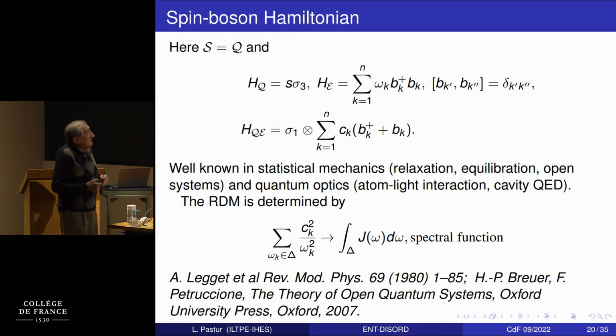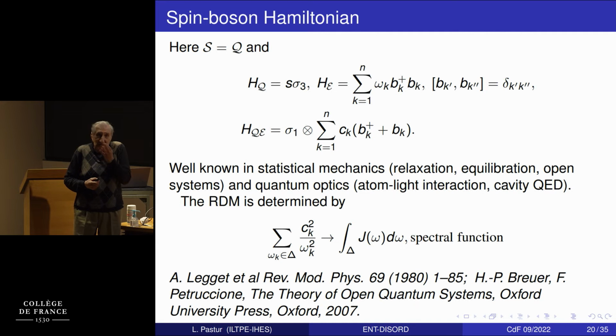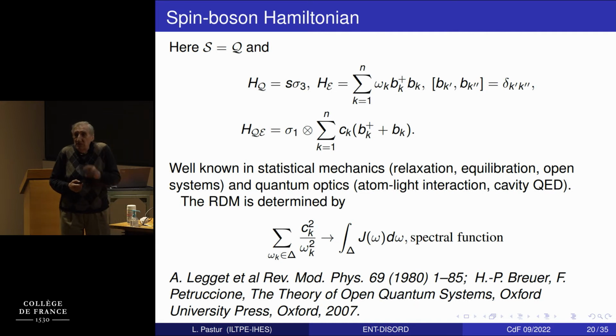It's quite widely accepted, motivated by quantum optics, the so-called spin-boson Hamiltonian. So you use as an environment just free quantum bosons, just oscillators. For example, it could be an optical cavity with light. Your system is just one single spin, and you write the interaction with sigma 1, sigma 3.